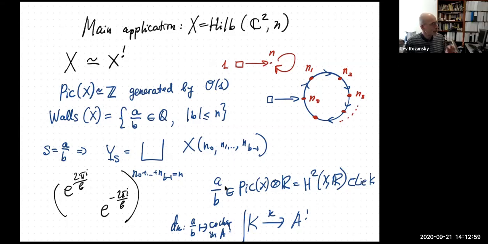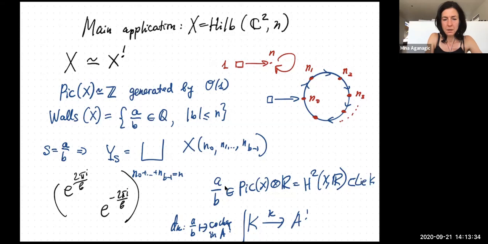So what was the torus link with our choice of compactification should somehow, apart from compactification, also create the quotient by Z mod B, apparently, of the C2 which sits inside Calabi-Yau. I'm just trying to make string sense of turning slope A over B into taking the quotient by Z mod B on the other side. That's what I'm trying to figure out.